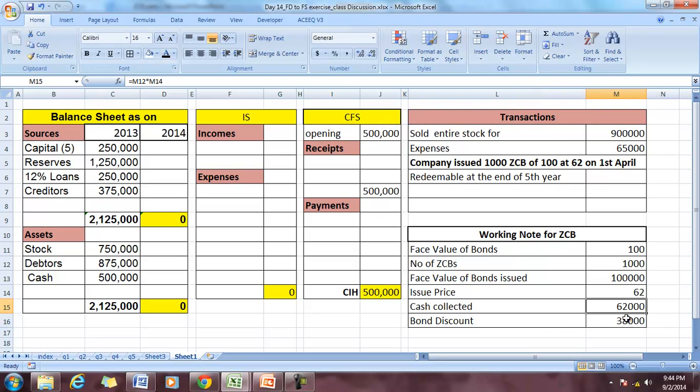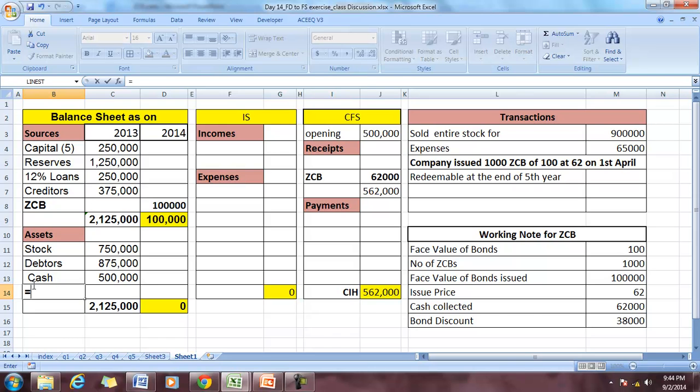So when the company issues this bond, cash received is 62,000. But the bond will be shown at 100,000 face value, and the discount will be shown as the bond discount.